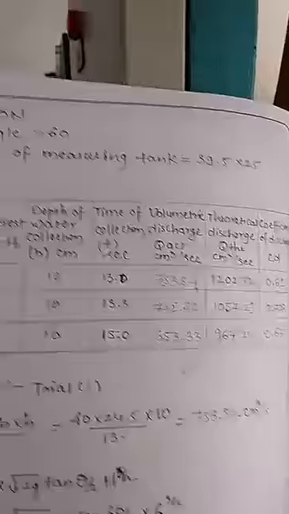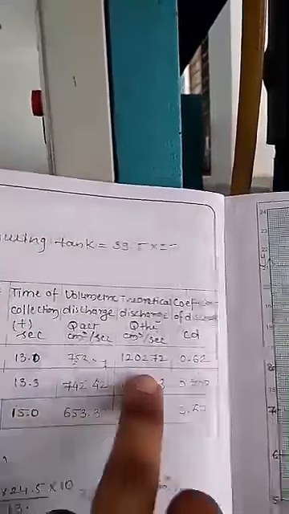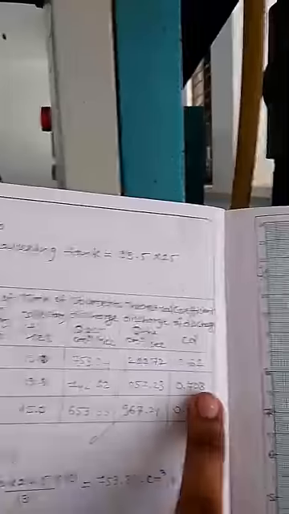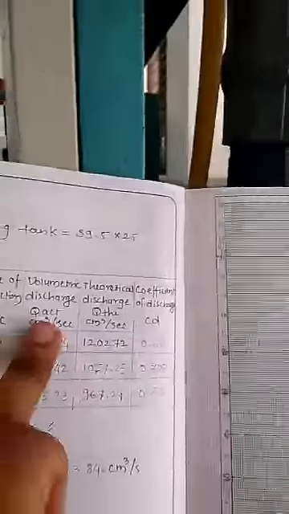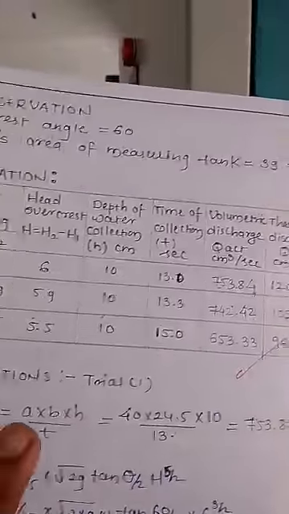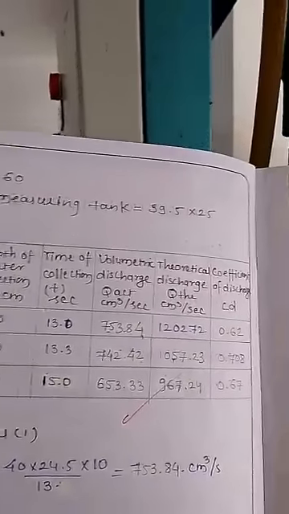Finally, getting all these values, in this column you can see the volumetric discharge, theoretical discharge, and coefficient. It's a very simple experiment. Volumetric discharge is given here as Q actual. Q actual is AB into H by T. What is AB? AB is the dimension of the collecting tank.